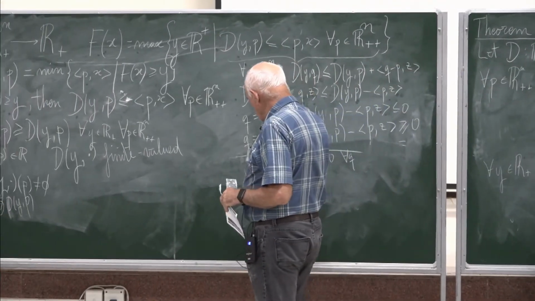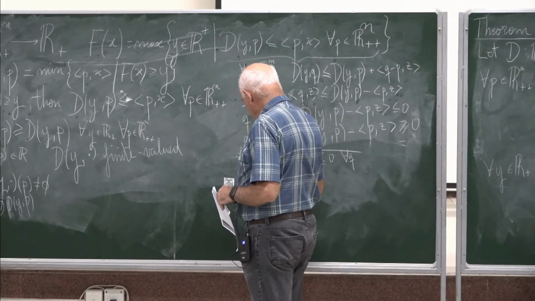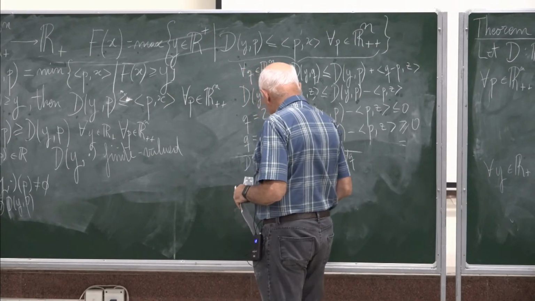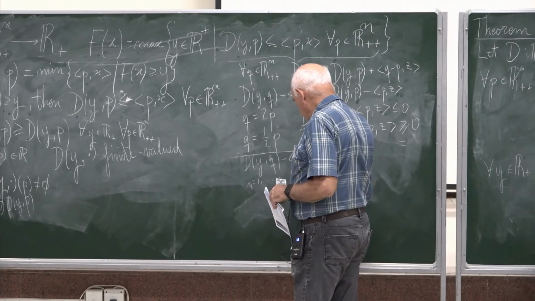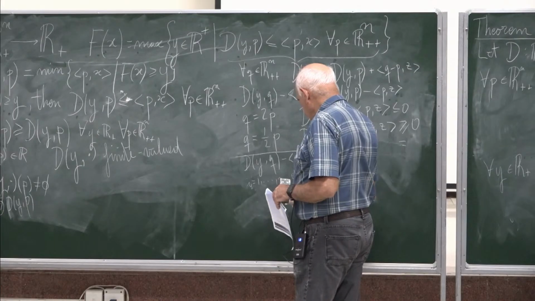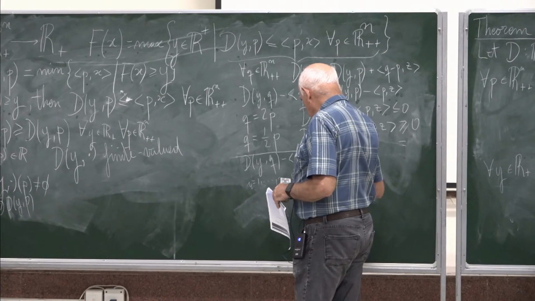So I consider one component i, the corresponding unit vector e_i, and epsilon positive.